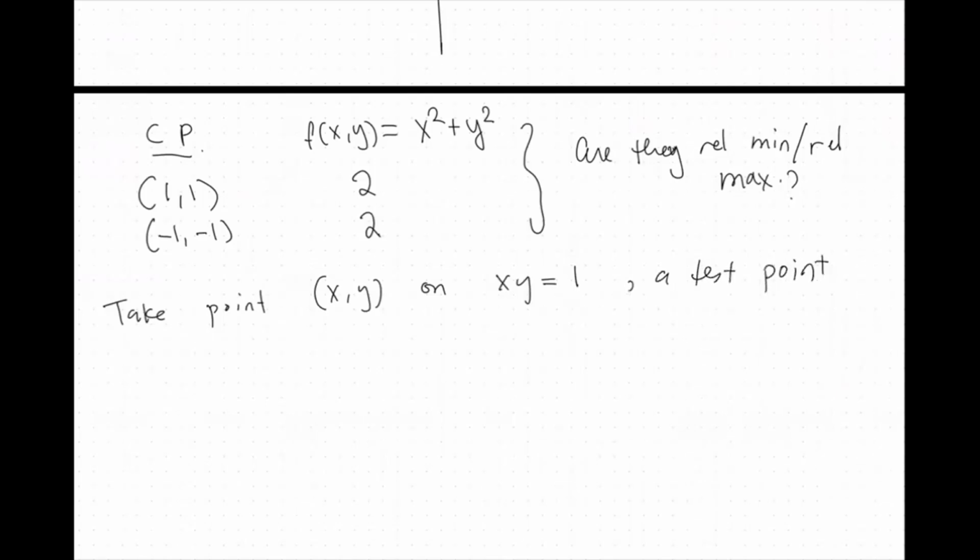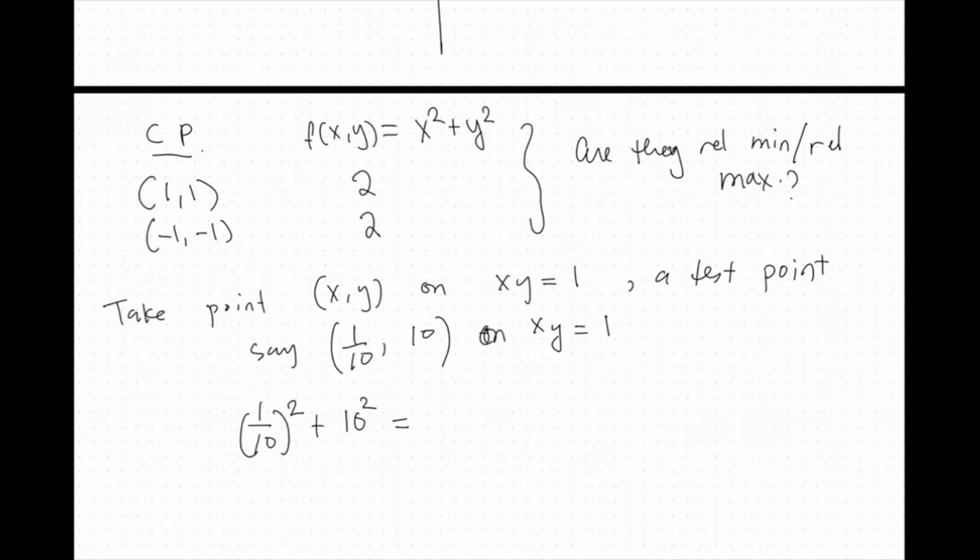So say 1/10 and 10. This is on xy equal to 1, because x times y is 1, so this point is on the curve. So look at the value. We have 1/10 squared plus 10 squared. This is greater than our 2.